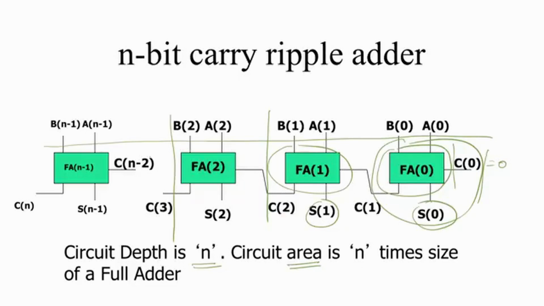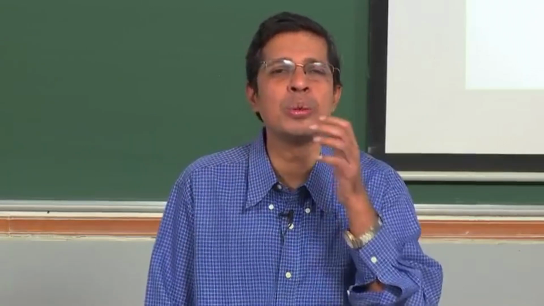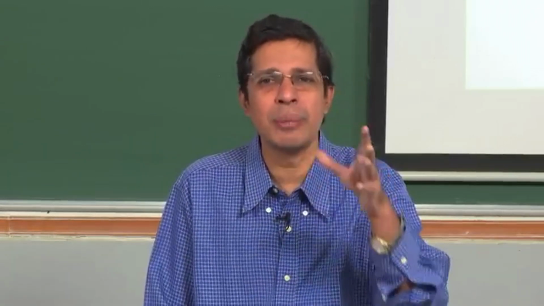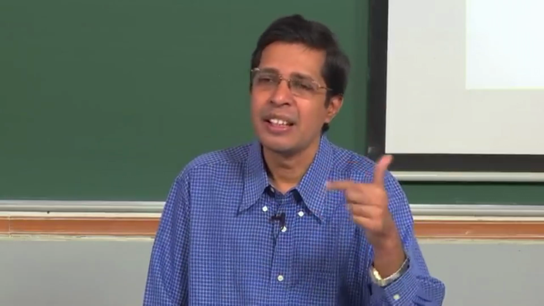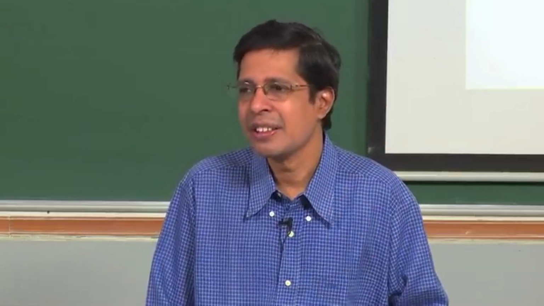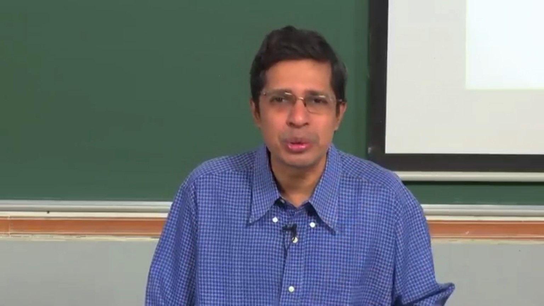For me this circuit depth of n is unacceptable, because I need to work very fast. Suppose tomorrow I want to run a cryptography algorithm, a 128 bit addition. If I take 128 units of time to do this, and say I am trying to do a voice codec, sending my voice through WhatsApp and I do not want somebody to listen, so I am encrypting my voice, I can't afford this, because the latency will become too high.